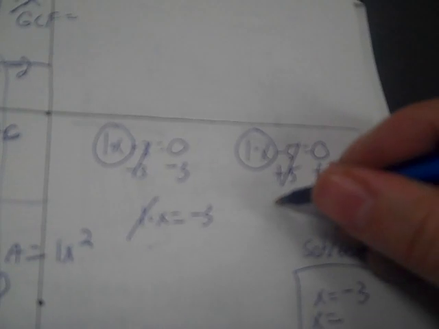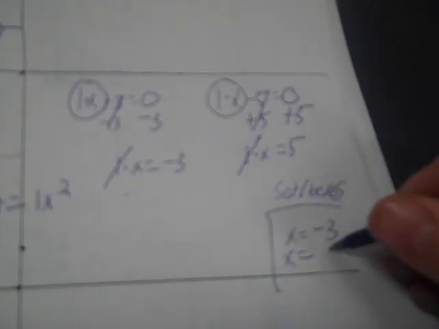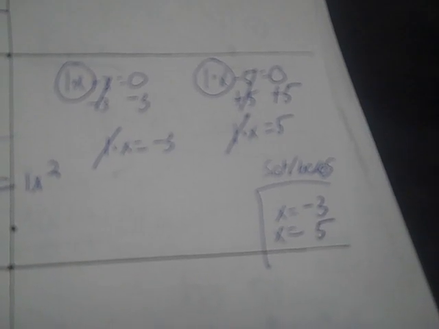So I minus 3. 0 minus 3 is negative 3. I don't need to divide by 1. You can if you want, but it's not necessary. If it's a 1, any other number you have to. 0 plus 5 is 5. Okay, and that 1 gets deleted. So negative 3 and 5.